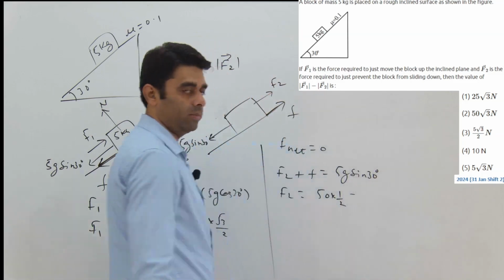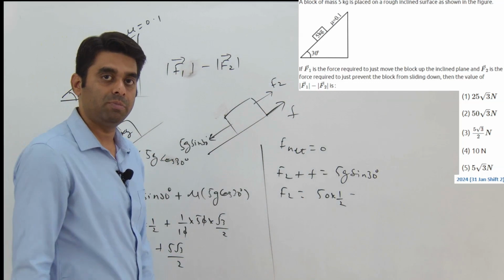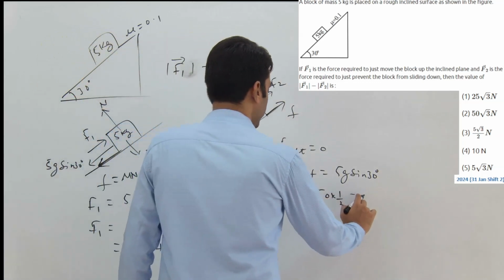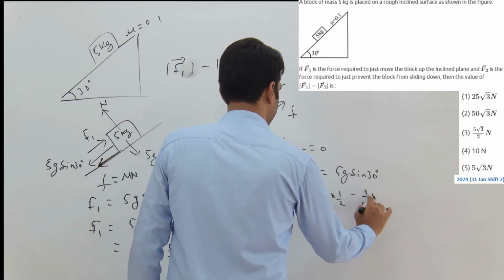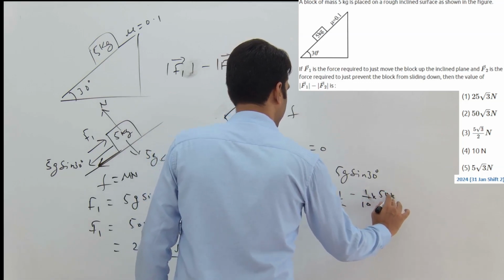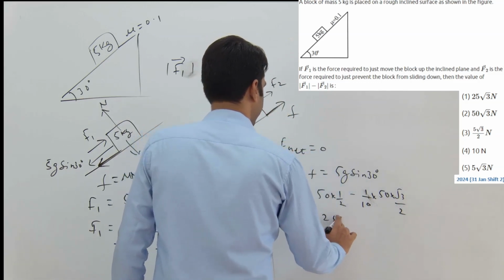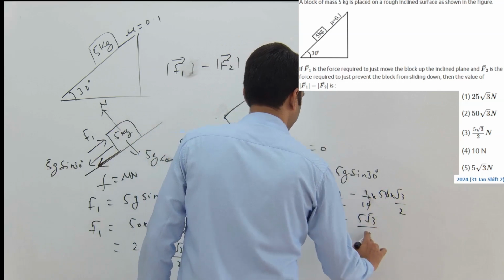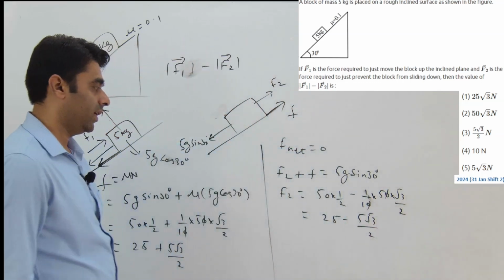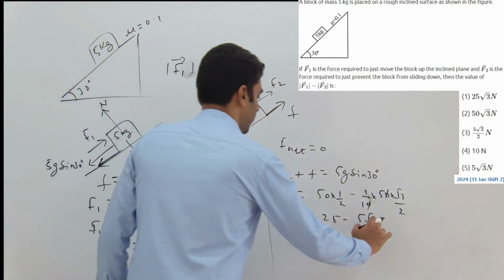Friction value is mu mg cos 30, the maximum value of friction. Mu is 0.1, mg is 50, into cos 30, root 3 by 2. This comes out to 25 minus 5 root 3 by 2. This is our F1 value, this is our F2 value.